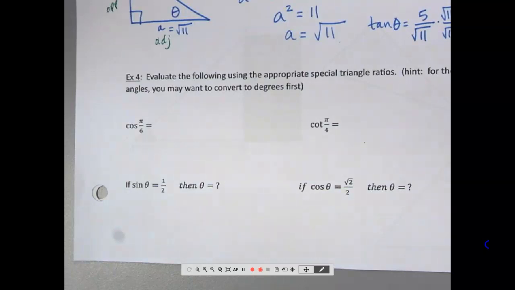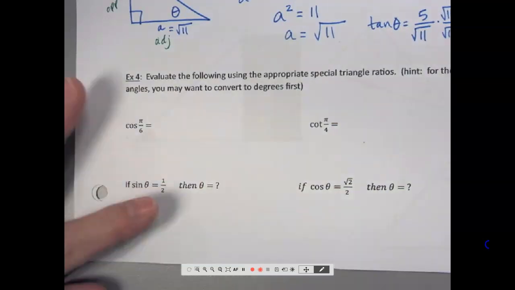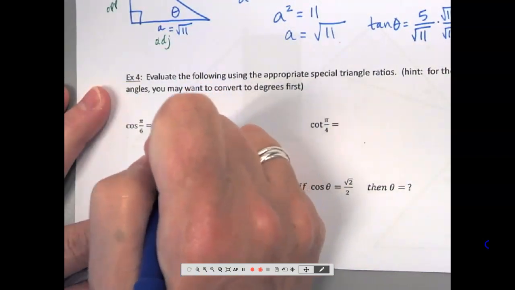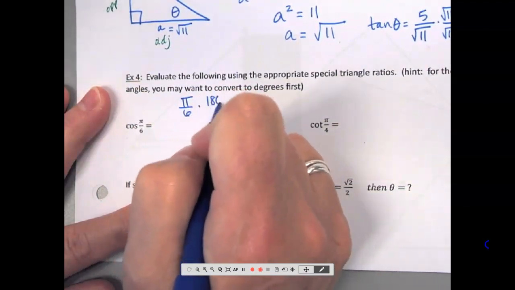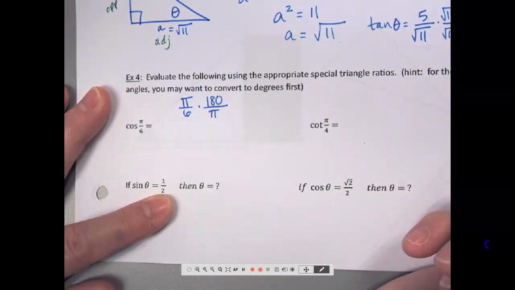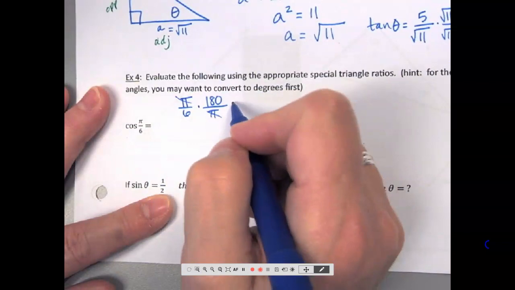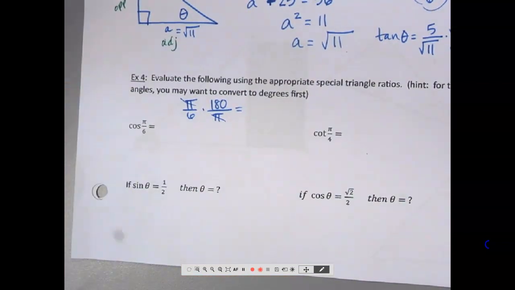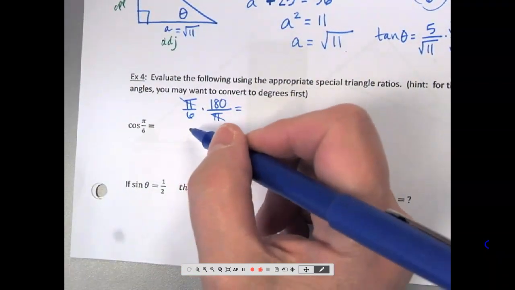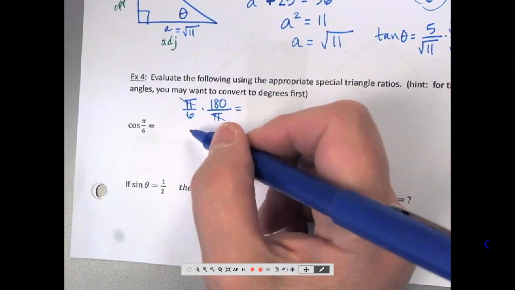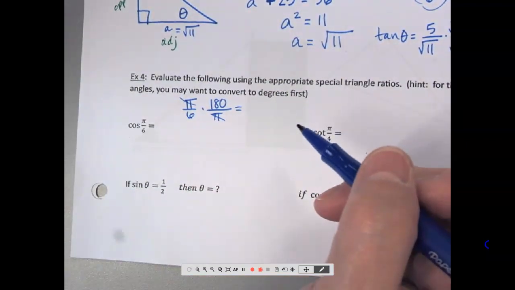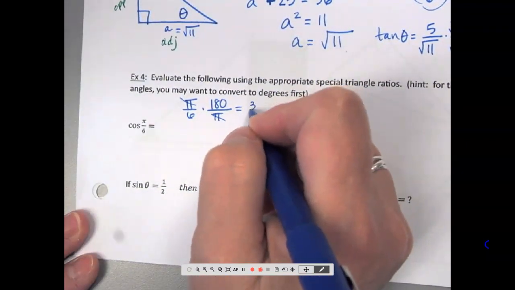You should have it on there. Multiply by 180 over pi. Love it. Pi over 6 times 180 over pi. Pi's cancel. We probably don't need a calculator. What is 180 divided by 6? What is 18 divided by 6? So we get 30.